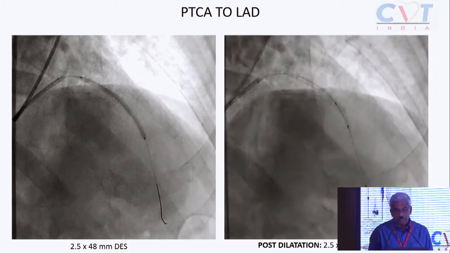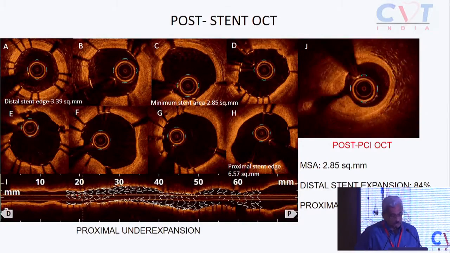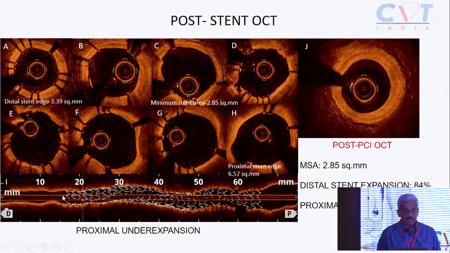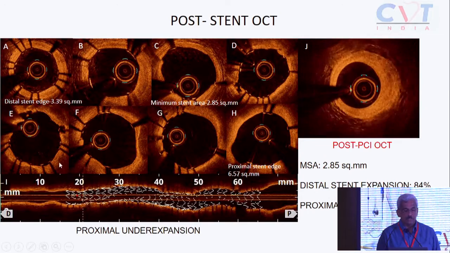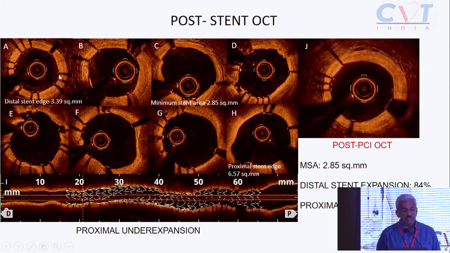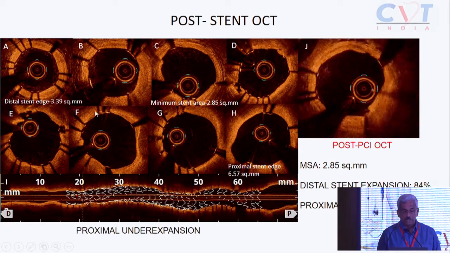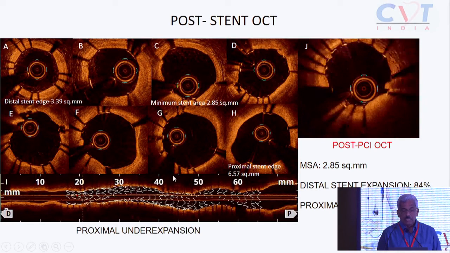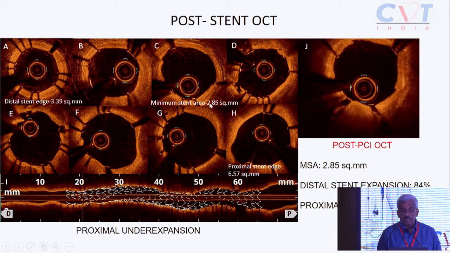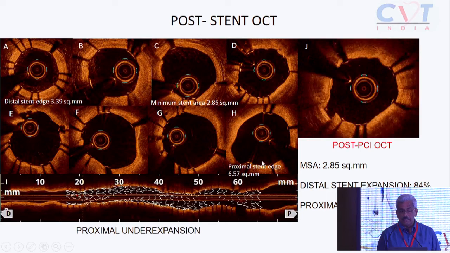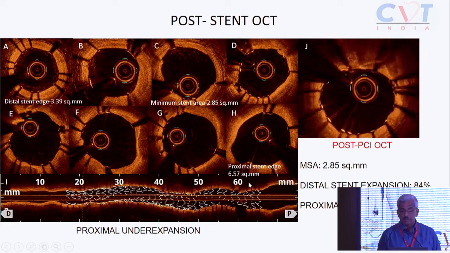So what you need to do now is, again, take a measurement. Now, when you take this measurement, you first look, is there any dissection distally? There is no dissection. Then your distal stent, you check whether it's dilated well. It looks reasonable. You come proximal, and you can see minimum stent area is 2.85. We're not happy with that. And the proximal stent area, there's no dissection, 6.5.